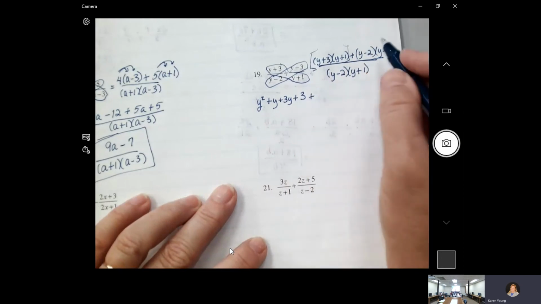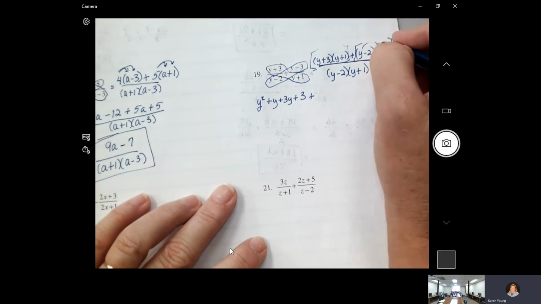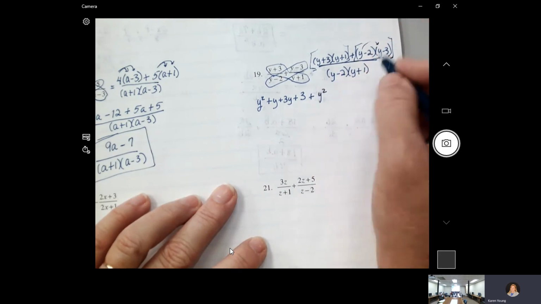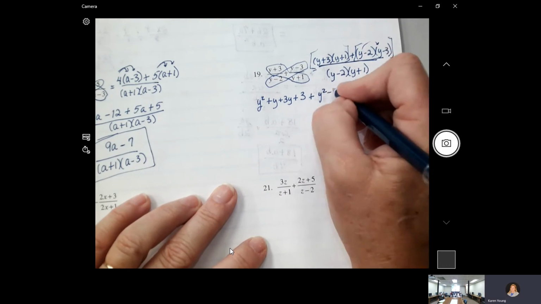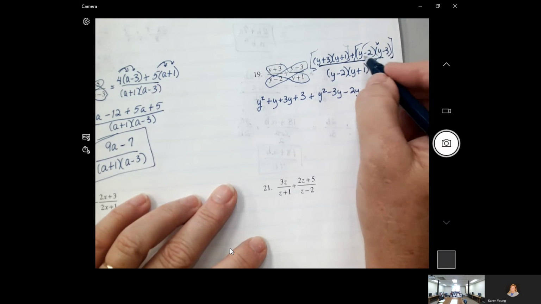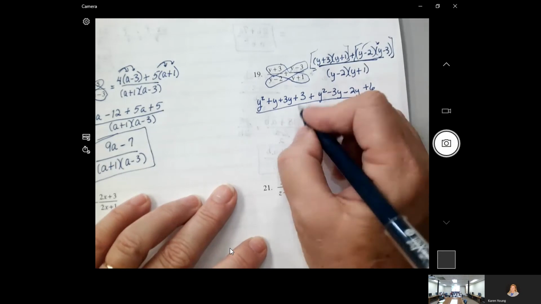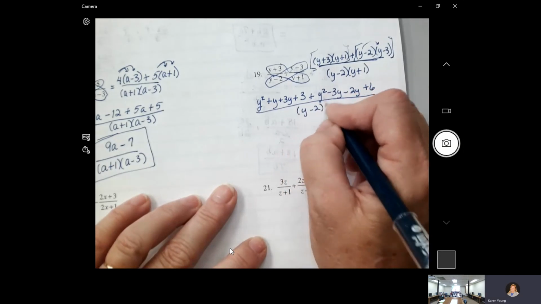And it's still plus. Then I want to do the last terms, the y minus 2 times the y minus 3. So I get y squared minus 3y minus 2y. And then negative 2 times negative 3 is positive 6. And that's still over the same denominator.